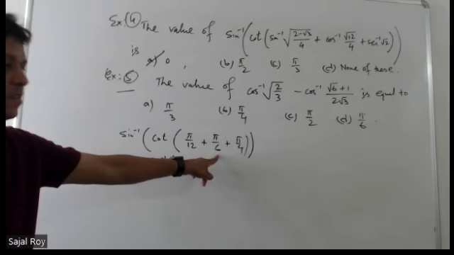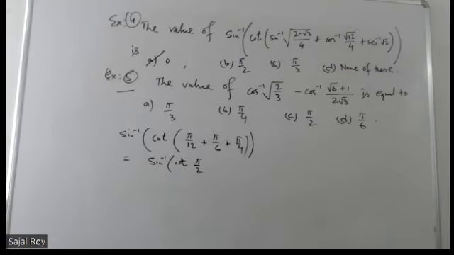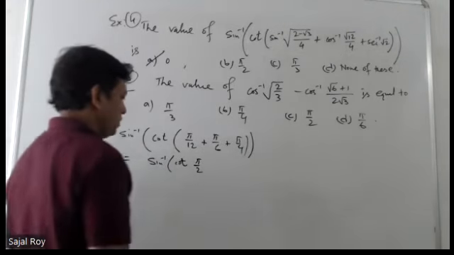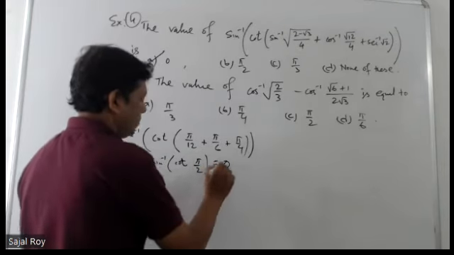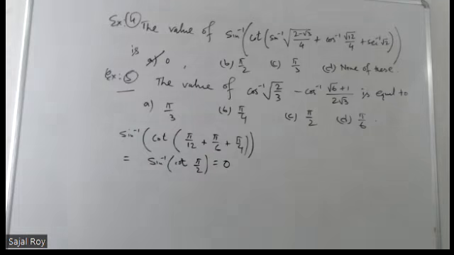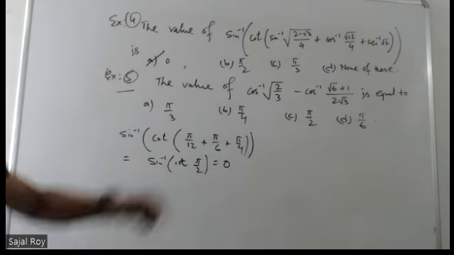This is pi by 6. Now you calculate. Pi by 2. So 0. Actually, cot pi by 2 is 0. So sin inverse 0 is 0. So that is your option. Go to the next one.